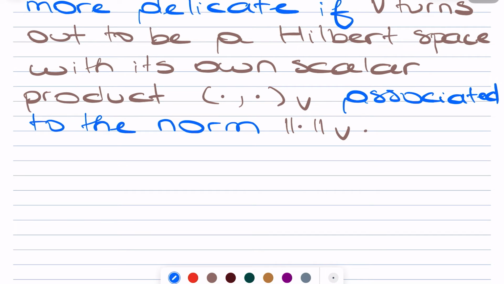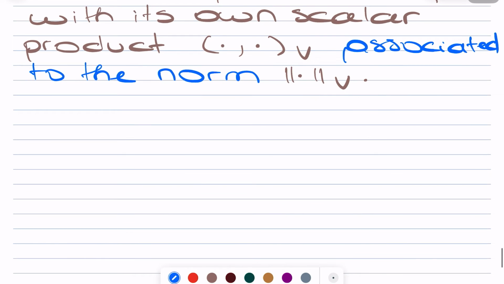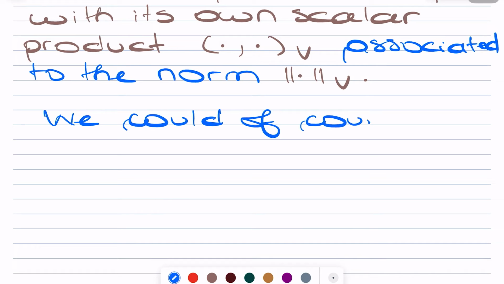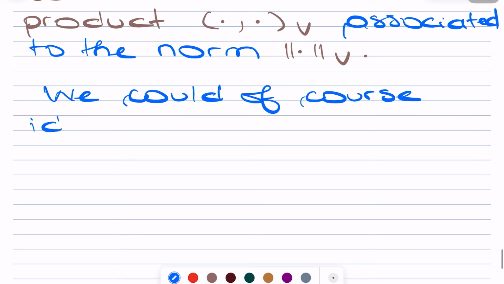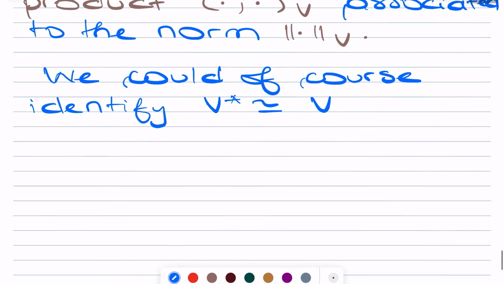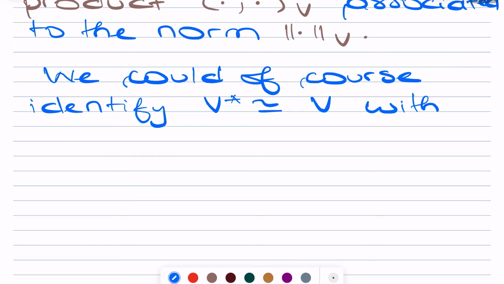Now we could of course identify the dual space of V with V, via the Riesz-Fréchet Representation Theorem, with the help of this scalar product.